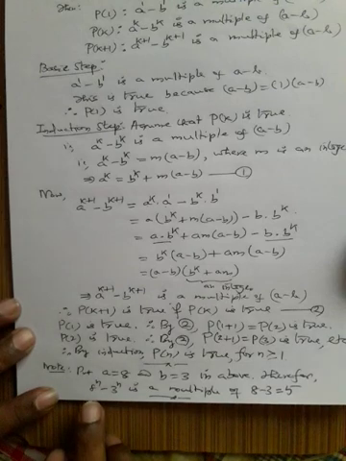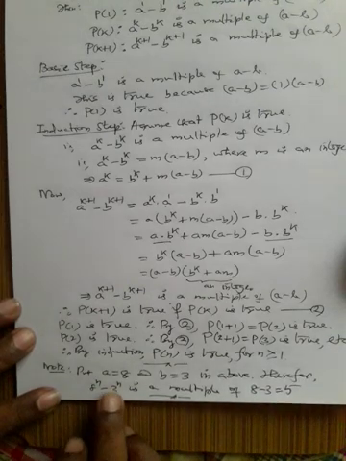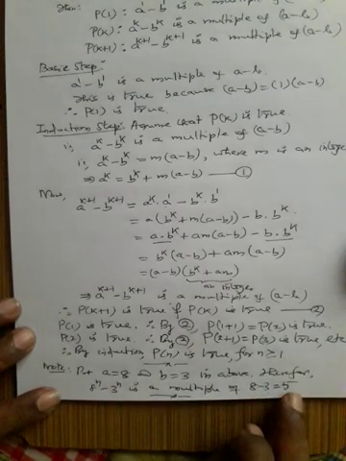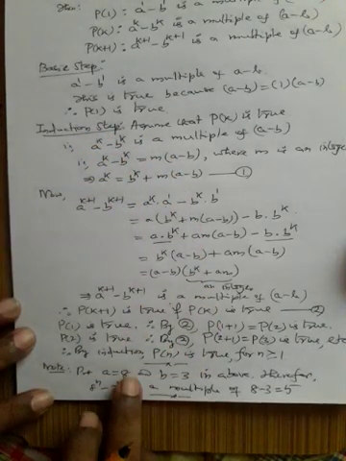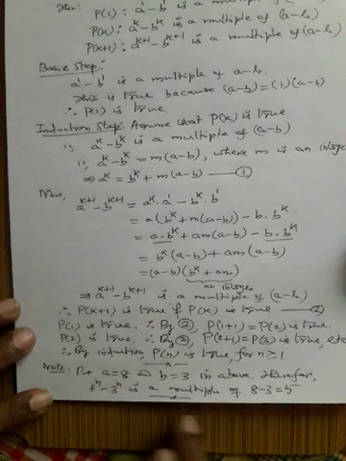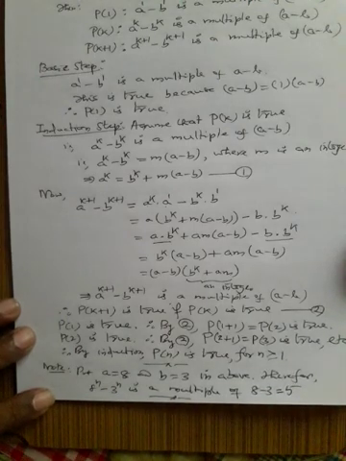Suppose they ask you to prove 8 power n minus 3 power n is a multiple of 5, you will have to prove this problem and take a equal to 8 and b equal to 3 to get the desired result. So this completes problem number 2 and video 58.